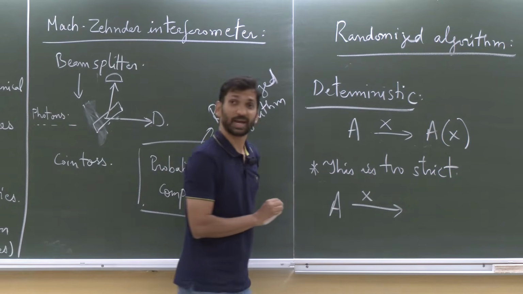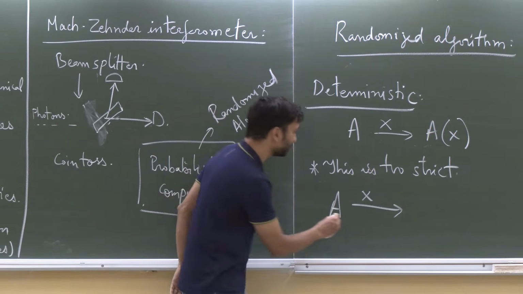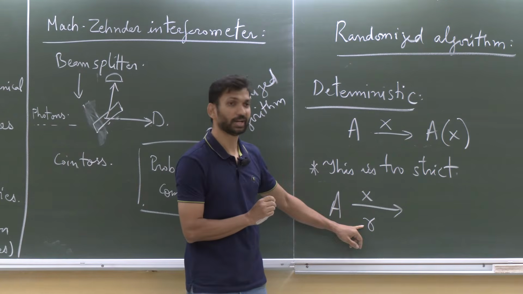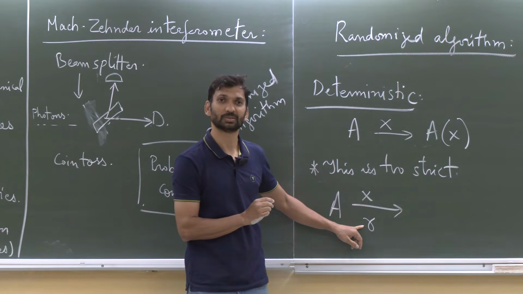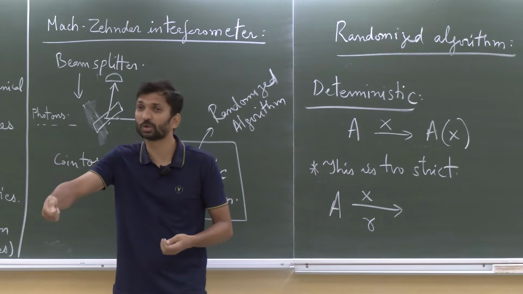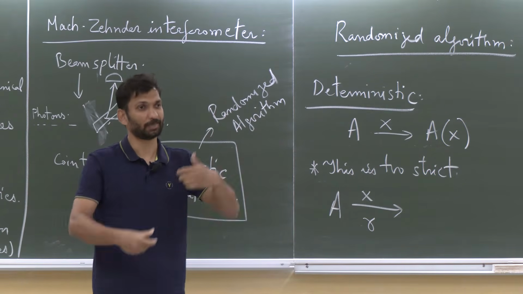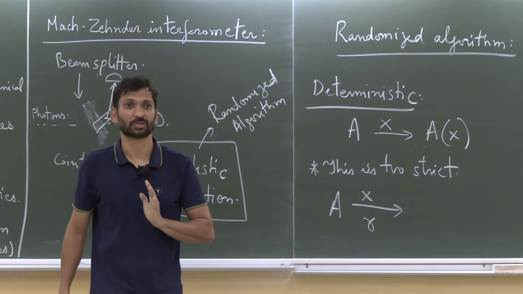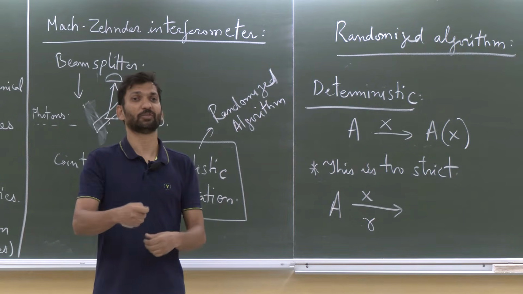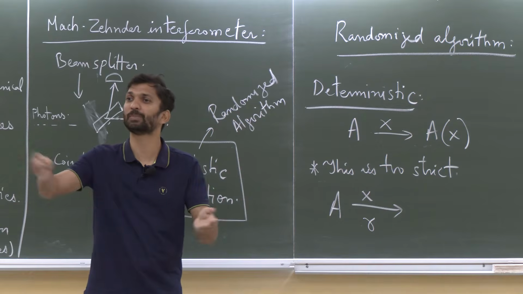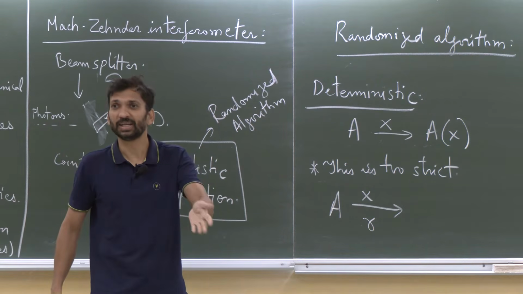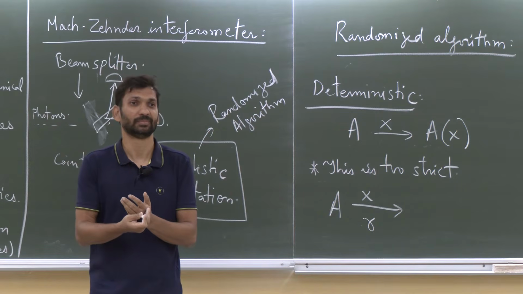I get an input X, but then I toss some coins, which I will encode by randomness R. So in the process of the algorithm, my steps depend on my input, but they can also depend on coin tosses. It could be as weird as, if I get a head in my coin toss, I will multiply the first 2 bits of my input. If I get tails, I will add them.